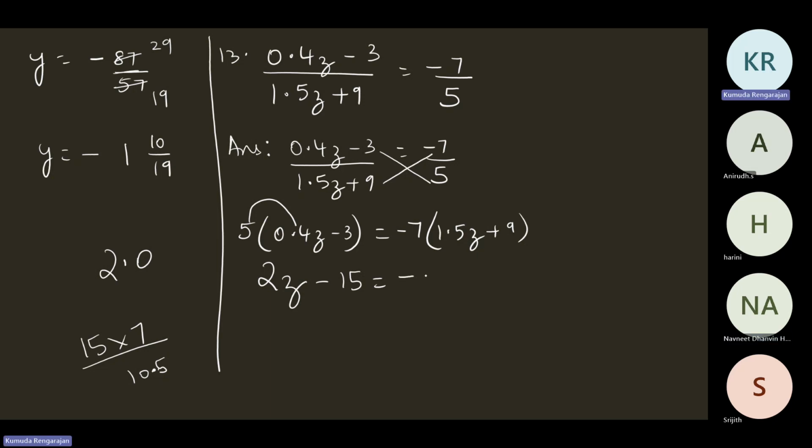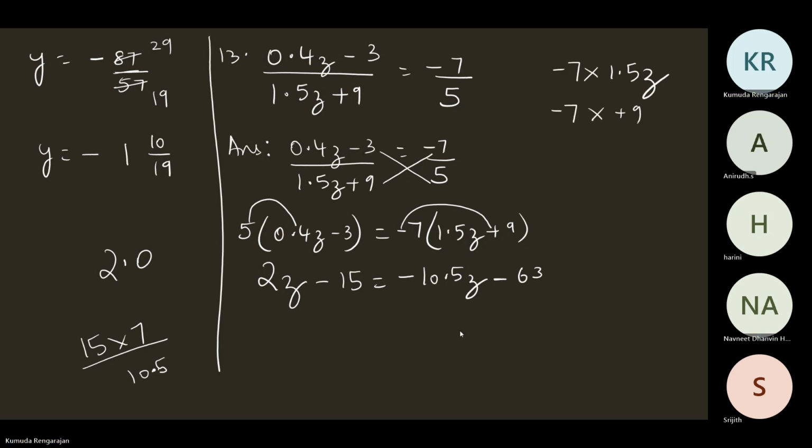So it's minus 10.5z, minus into plus minus, 7 9s are 63. See, I'll just show the multiplication again. You need to multiply minus 7 and 1.5z, then you need to multiply minus 7 and plus 9.